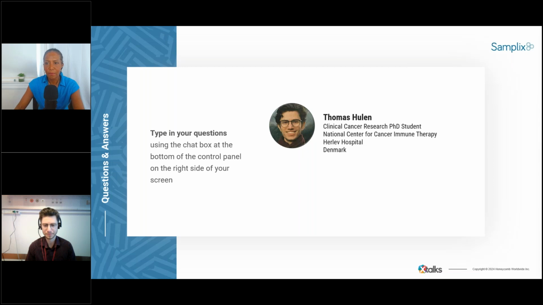I think what we do know is that at least with TIL therapy, previous exposure to immune therapies, these patients can produce reactive TILs, but it's not quite as potent.